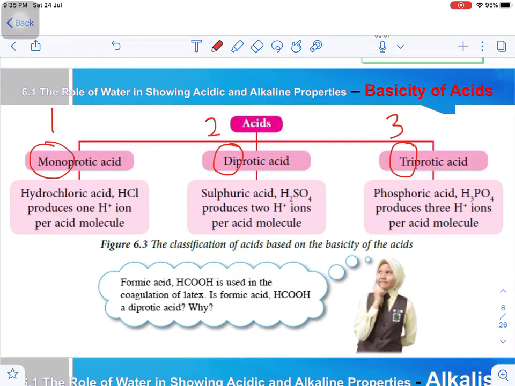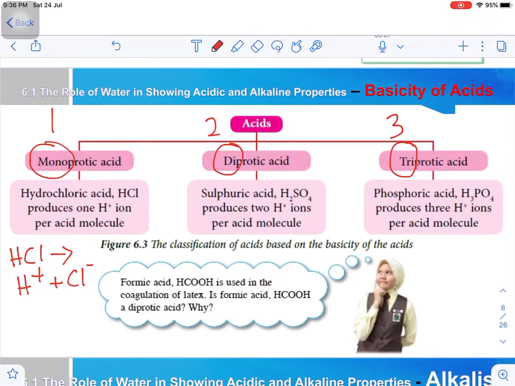Okay. Example of monoprotic acid is hydrochloric acid, because hydrochloric acid, when ionized, it will produce 1 hydrogen ion per acid molecule. So, maksudnya kalau HCl ionized, it will produce 1 hydrogen ion and 1 chloride ion per molecule.